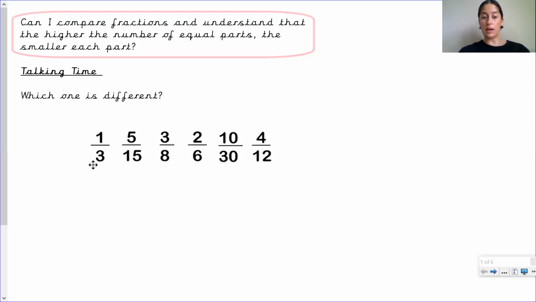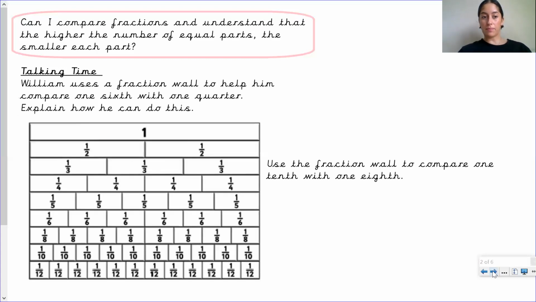So if I multiply this by 4, I would have to multiply 1 by 4 as well, and 1 times 4 equals 4, which I have here. So all these fractions are equivalent to 1/3 apart from 3/8, because 8 wasn't in the 3 times table.